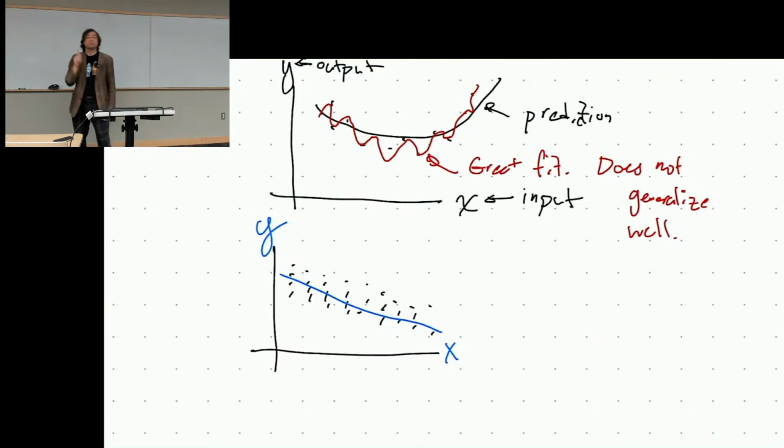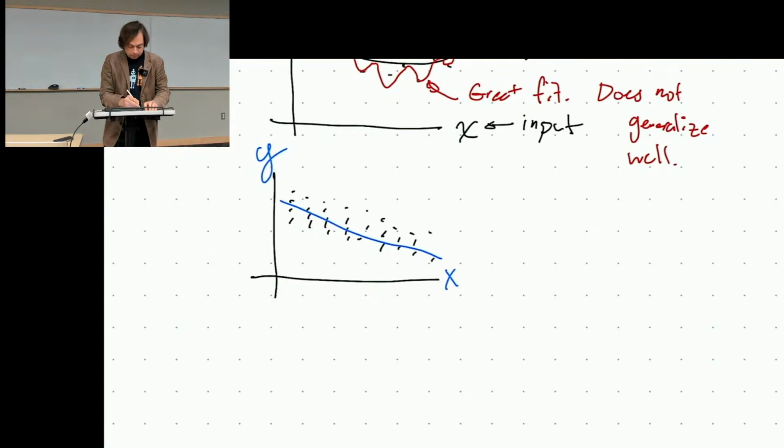Okay, so what we're trying to do in machine learning is balance two specific things, okay? We want to fit the data well, but we don't want to overgeneralize, okay? So we want to fit the data well, and we want to be able to generalize. I apologize.